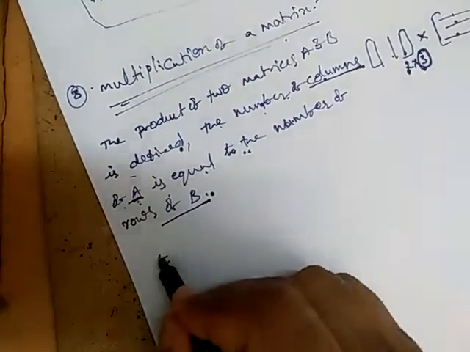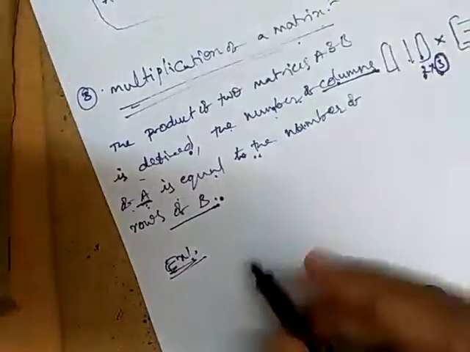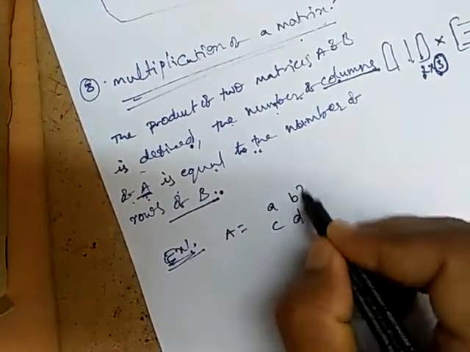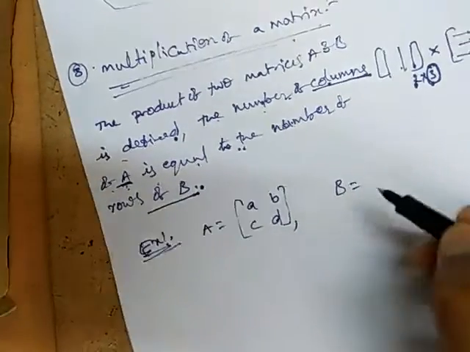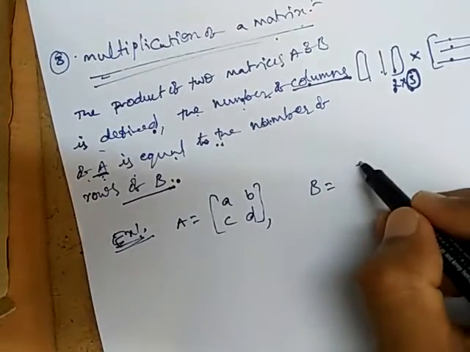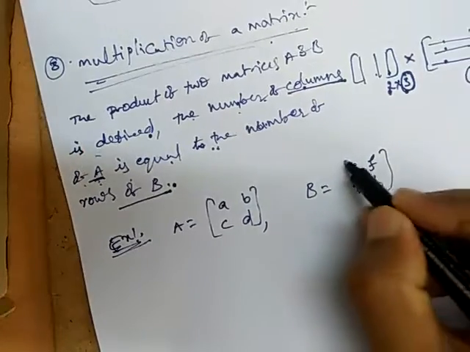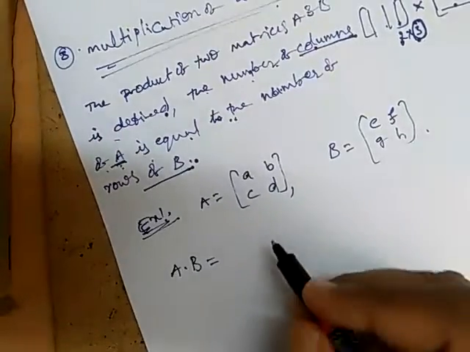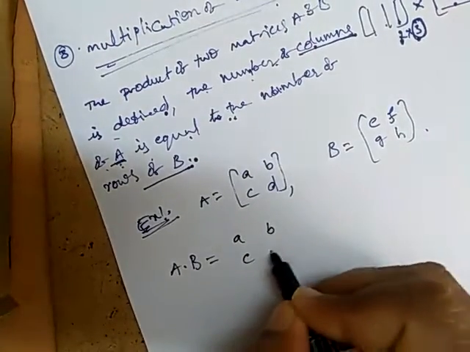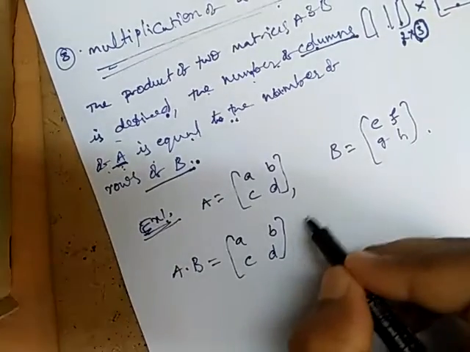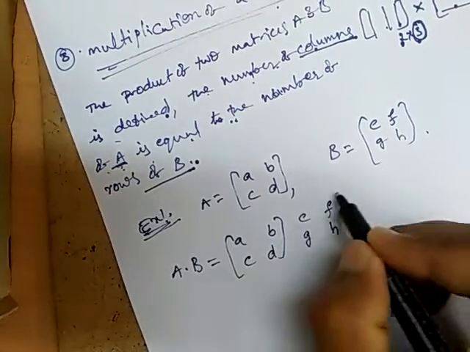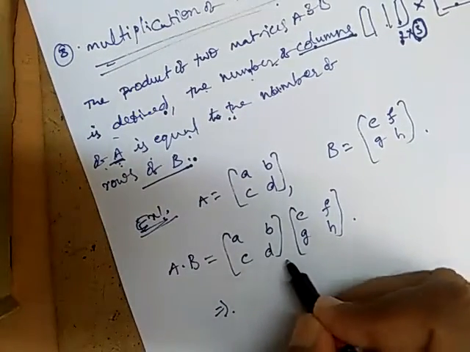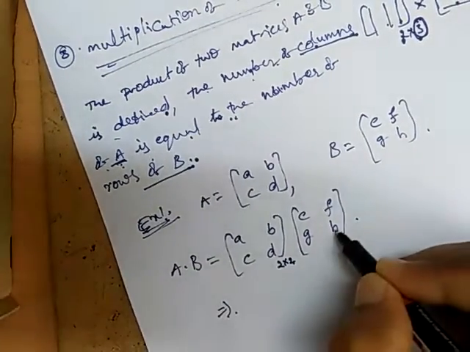Okay, for example, you can take the same matrices, that is A equals [a, b; c, d], B equals [e, f; g, h], then the matrix multiplication A dot B is [a, b; c, d] into [e, f; g, h]. Here the number of columns is 2 and the number of rows is 2.